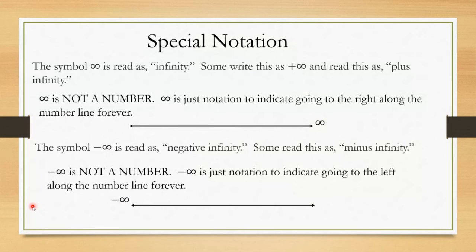Again, that's not really precise because there is no end. Remember, they're not numbers. I've seen students in the past, maybe I did it when I was younger too, treat these as numbers. Don't do that. I know it's tempting to treat them as numbers. They're not. They're just special notation.